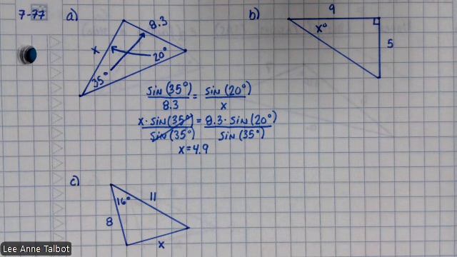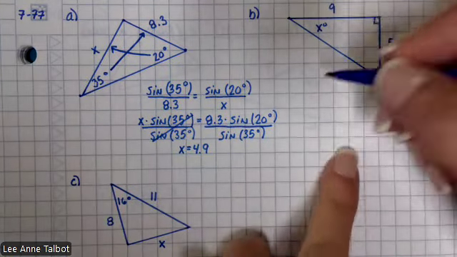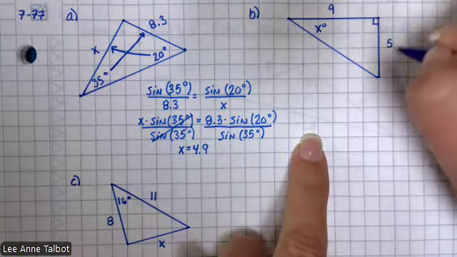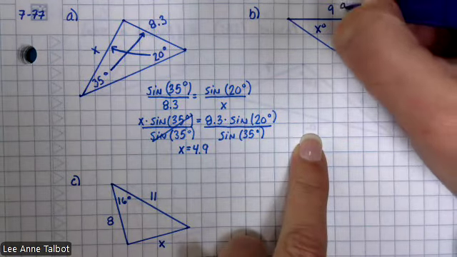Tangent. You're supposed to use tangent. So the whole point of me putting B up there is just to remind you that SOHCAHTOA still exists. And when you have a right triangle, you should use it. So don't forget all of your math too. This is opposite and adjacent.